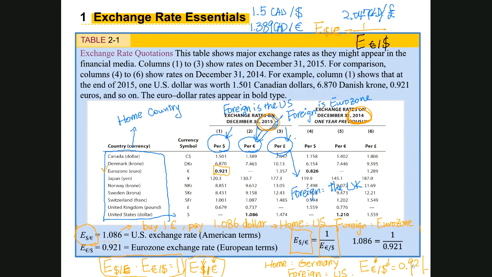So you could figure out question number 2 in the homework by using the same idea.